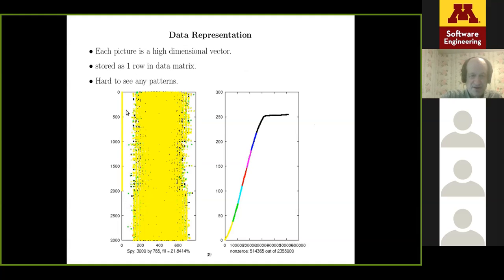This white space are all zeros. So you can already see that these digits don't live in all of 784 space. They actually live in a smaller dimension because all of these elements have zeros in their first, say, 100 plus elements, and the last 50 elements on this side are also all zero. And that's a consequence of the fact that you write the digits in the middle of the square, not in the corners.